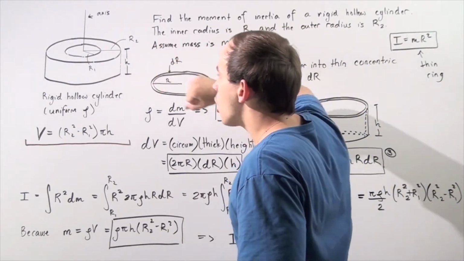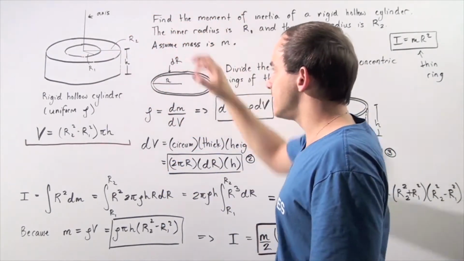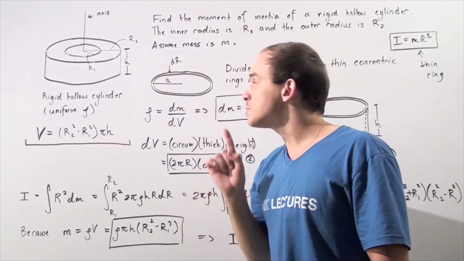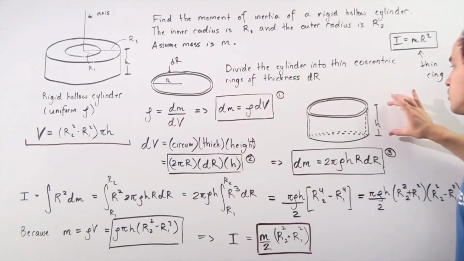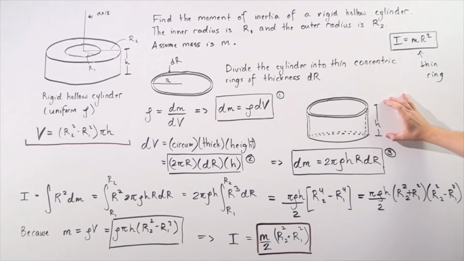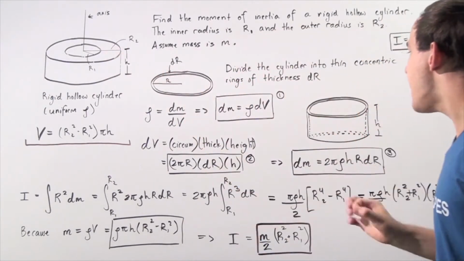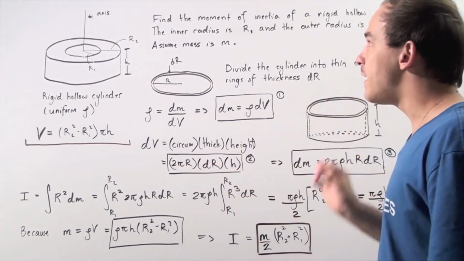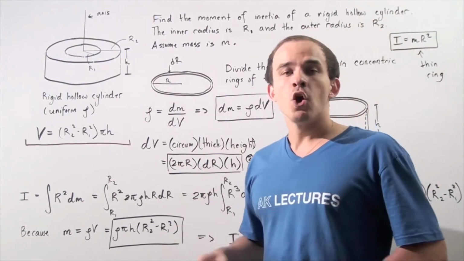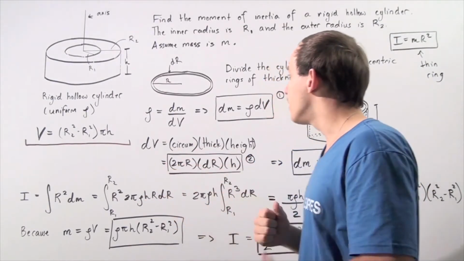The radius r is between r1 and r2, with a thickness of dr, an infinitely small change in r, and a height of h. So we're dividing our hollow cylinder into many of these concentric rings. And at the end, to find our moment of inertia, we're simply going to take the integral. We're going to add them up.